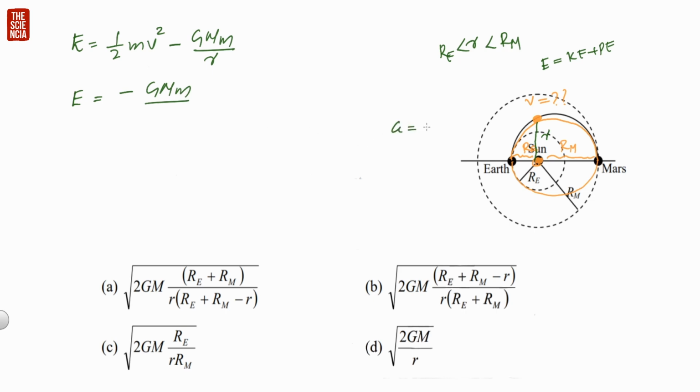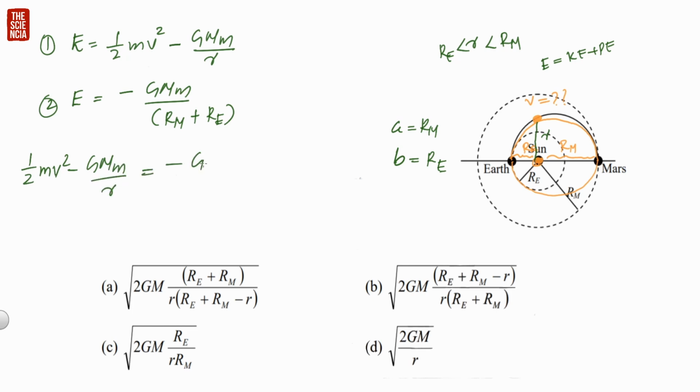And here we know a is equal to RM and b is equal to RE. So we can substitute these values, that is RM plus RE. Now we can equate this equation 1 and 2. That is 1 by 2 m v square minus GMm by R is equal to minus GMm by RE plus RM. So from this equation you can find out the v.